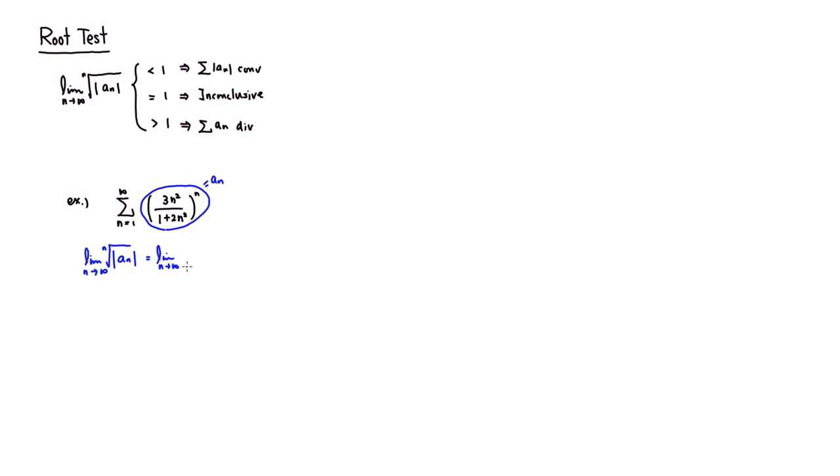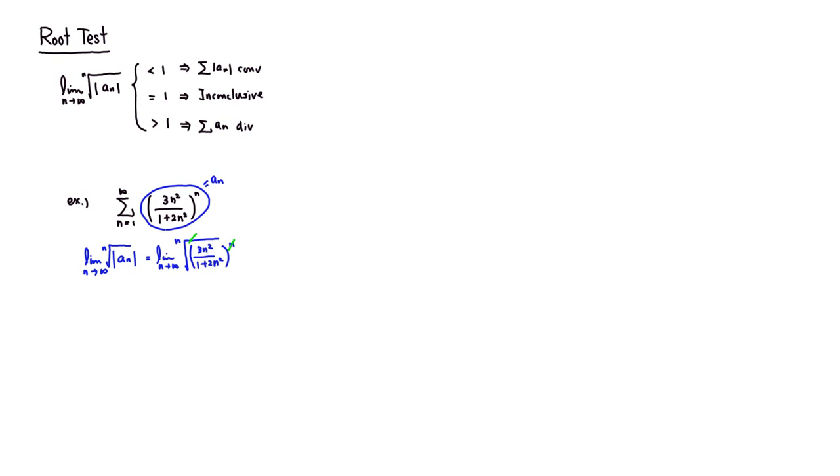So we have the nth root of the quantity 3n squared over 1 plus 2n squared, raised to the nth power. So you have the nth power and nth root, so we can cancel them out. Then we just need to take the limit of 3n squared over 1 plus 2n squared.